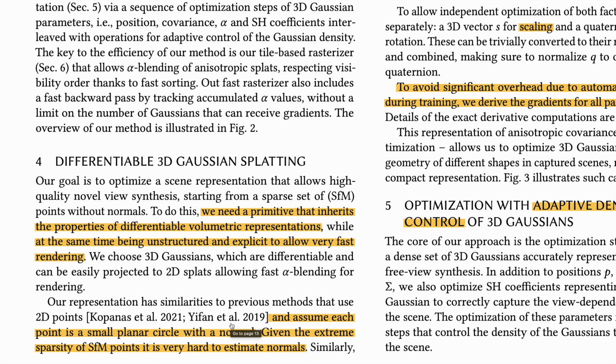You get the point cloud extracted from COLMAP. It's very difficult to initialize the direction of the normal vector of each point, or even if you start with a random initialization of the normal vector, later it's very difficult to optimize it.